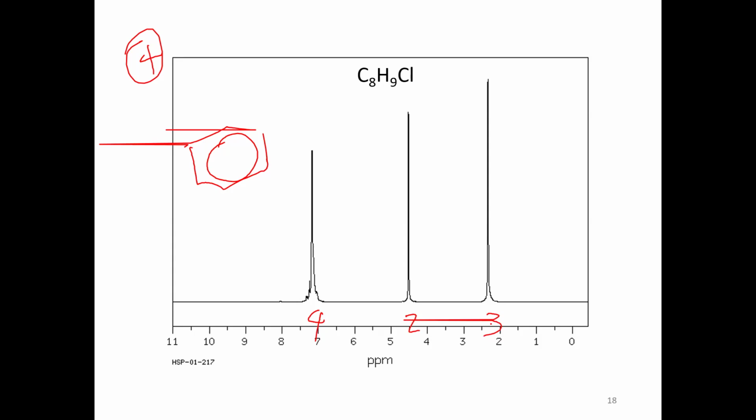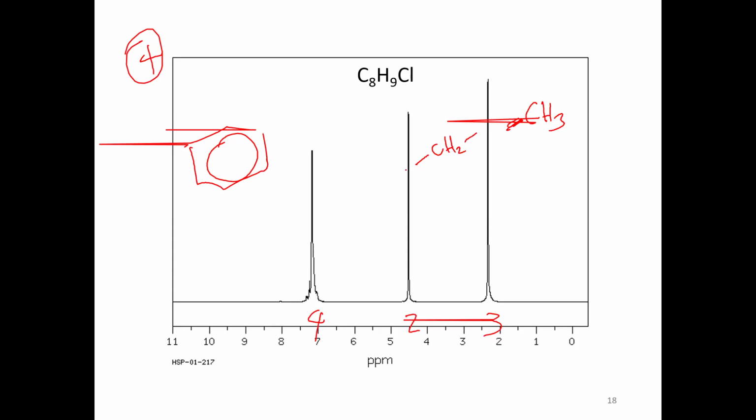Signals like that, singlets, mean that they are not coupled with anything. If you have a CH3 here, most likely it is a CH3. If you have 2 protons here, most likely it is a CH2 plus something else.